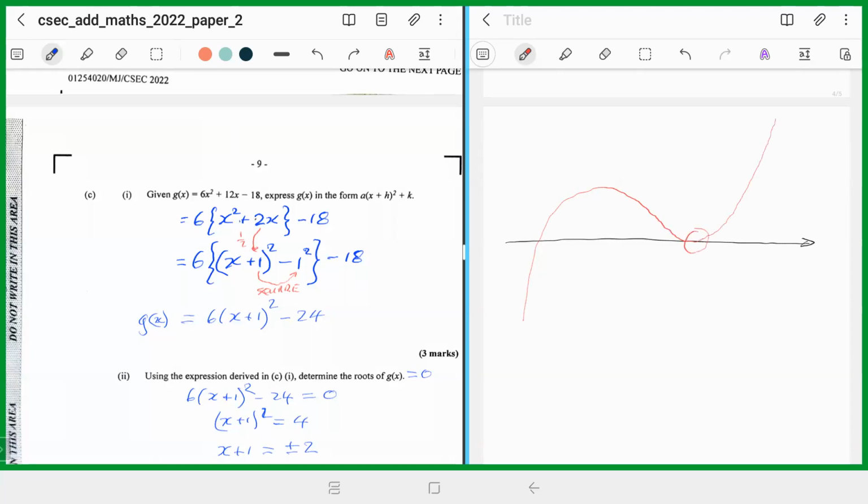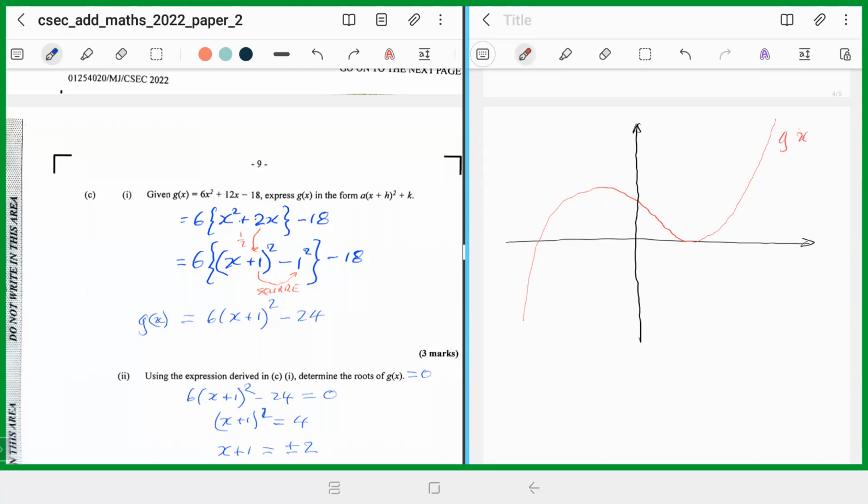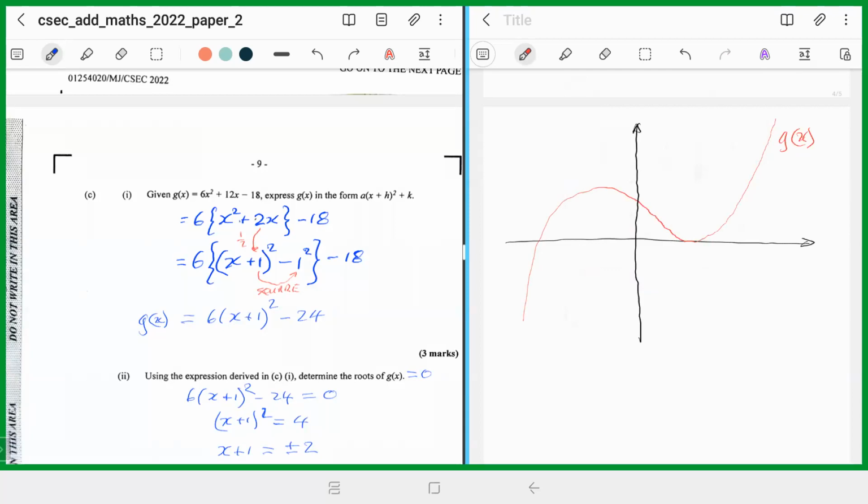This point is on the x-axis, right? I'm going to put my y-axis right here. And let's say this function is g of x. Let's say right here is -4. Let's say right here is 2. You have a turning point right there at 2.